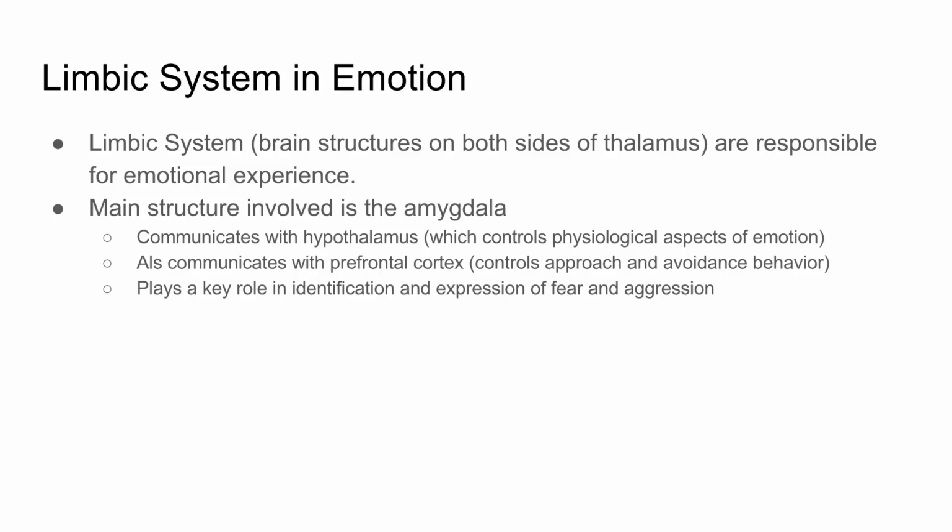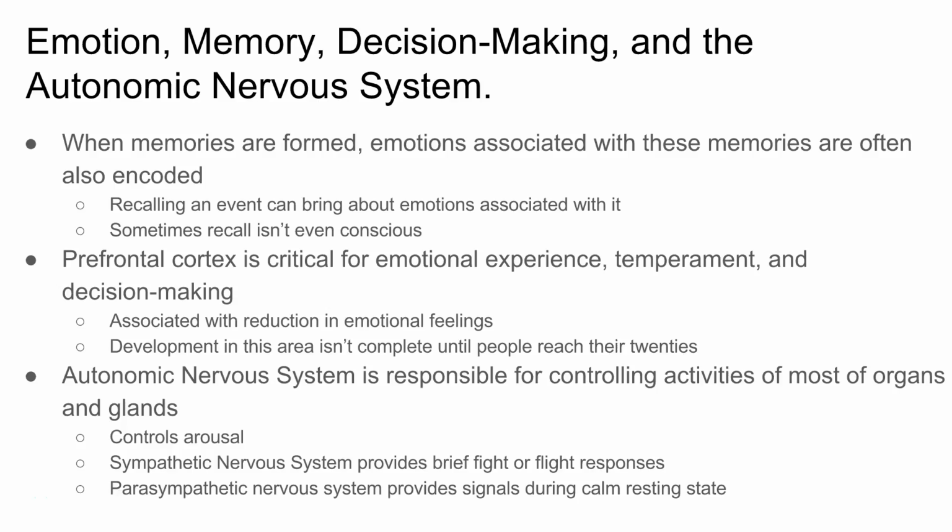That then relays information out to the nervous system about what to do. It also communicates with the prefrontal cortex, which controls approach and avoidance behavior and works on calming us down and those sorts of things. The amygdala also plays a key role in expression of fear and anger. So that's the role that the limbic system, particularly the amygdala, plays in emotions.